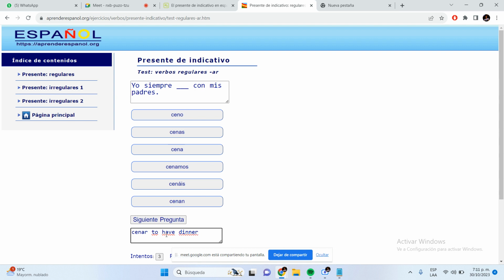In English you have to say the verb have, and then breakfast, lunch, dinner. But in Spanish we have a verb for each one. So to have dinner, cenar.